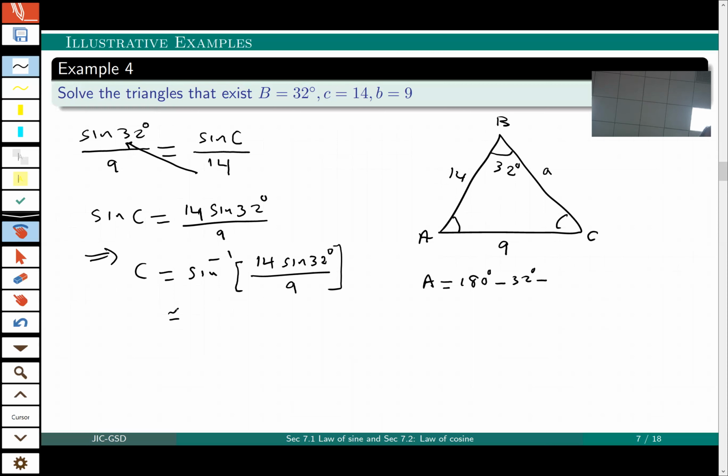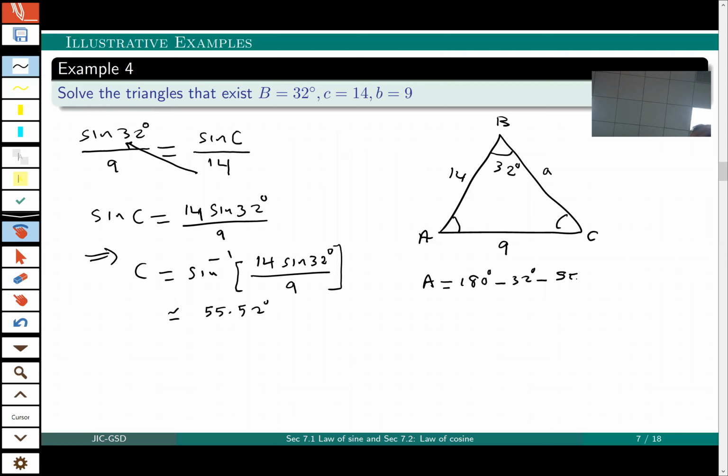If I want to use the calculator, and that's a fraction, it's 14 sine 32 divided by 9. So this is actually 55.52 degrees.